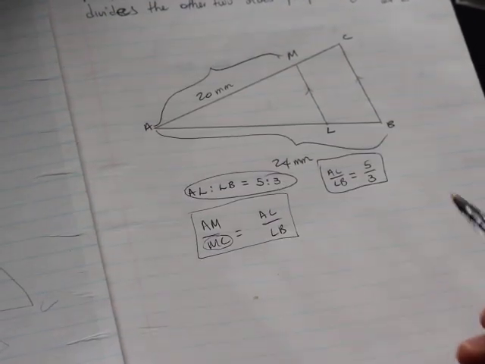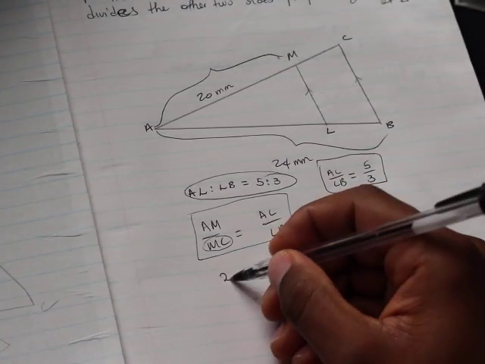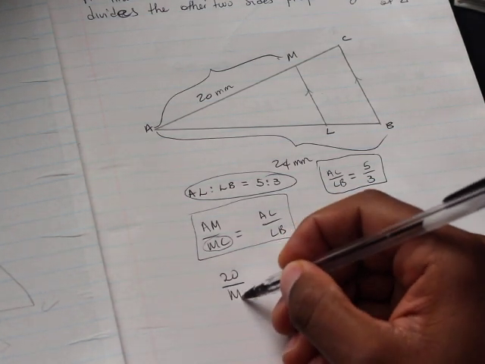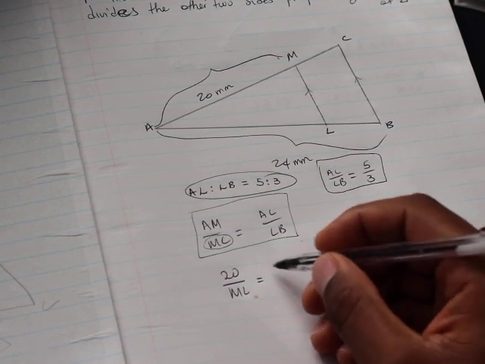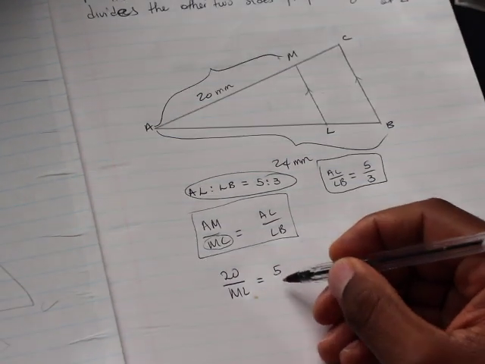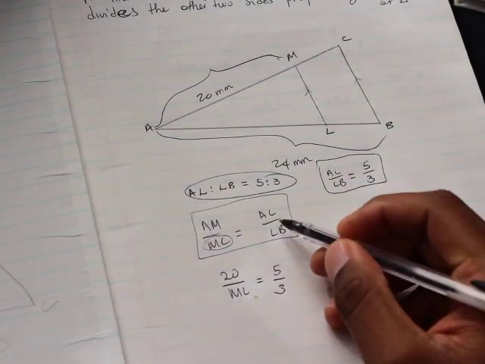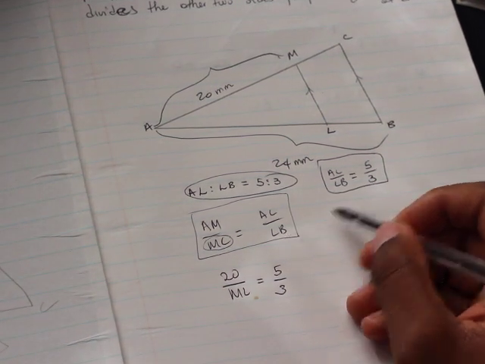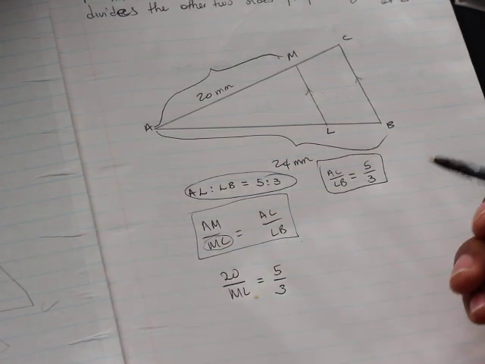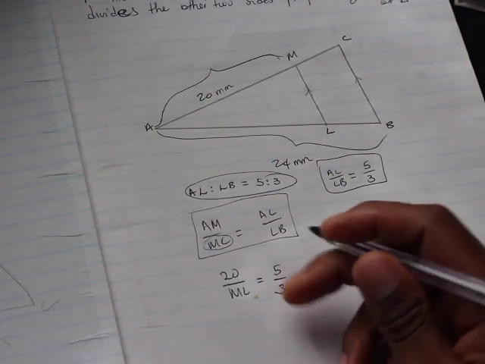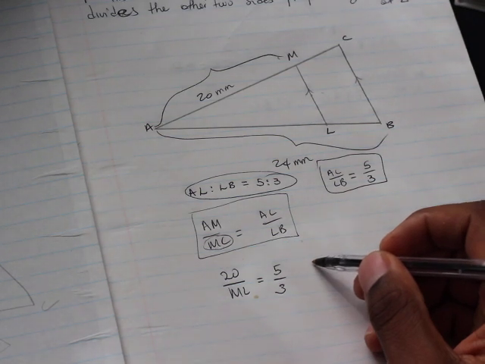So let's go ahead and simplify. The length of AM is 20 millimeters, divided by ML, of which we don't know its length, and that's what we're looking for, and this is going to be 5/3. Remember, we found the ratio for AL over LB from that piece of information over there, 5/3. Excellent. So now we're ready to solve for the missing length, which is ML.